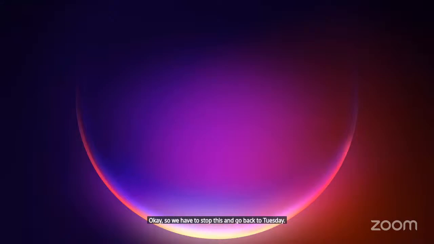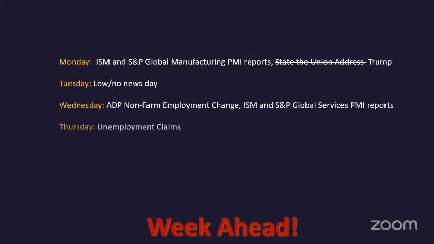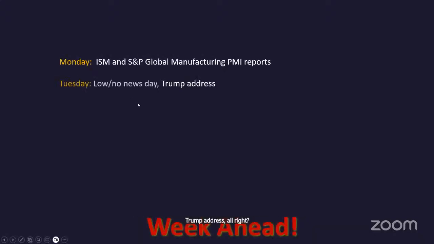I want to make sure that I get this right. This is not going to be on Monday. This is actually going to be Tuesday. All right. Okay, so I'll just write Trump address. There it is right there. Tuesday. All right. Just for the record.